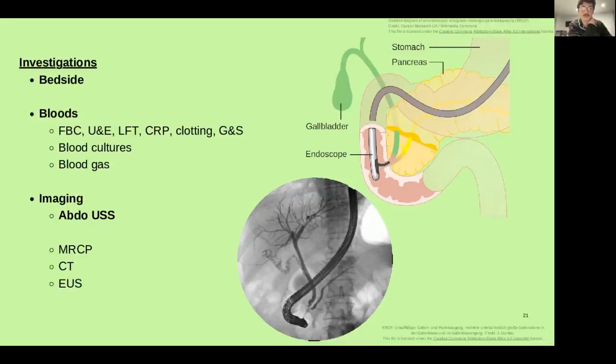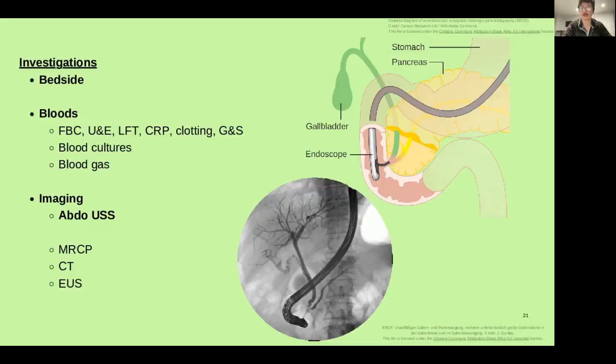Imaging, abdo ultrasound is a good one. It can show, again, as we've talked about, CBD dilatation. So if you're suspecting some kind of obstructive jaundice and cholangitis, then it can confirm that with CBD dilatation. And again, similar further investigations you might consider, or your seniors might consider MRCP if there's diagnostic doubt, or to plan ERCP.